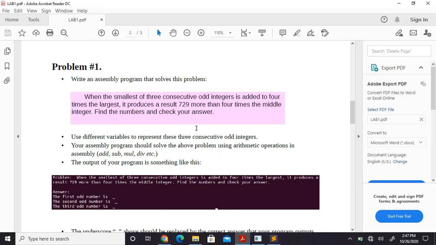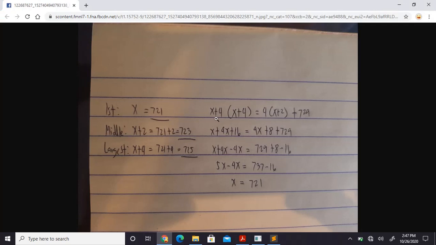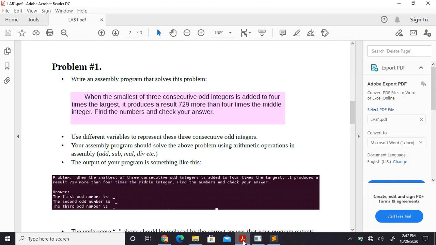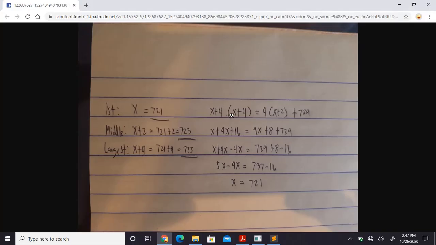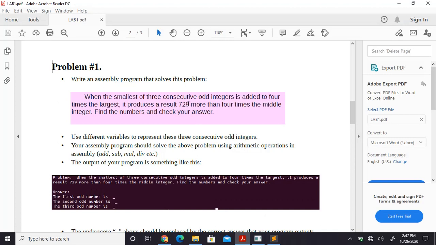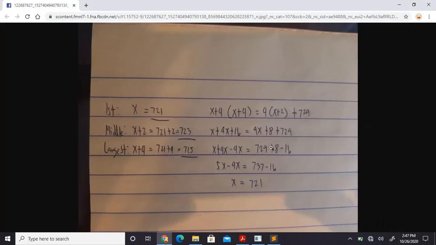When the smallest of three consecutive integers is added to 4 times the largest, that means x, the smallest integer, plus 4 times the quantity of the largest, which is x plus 4. It produces a result 729 more than 4 times the middle integer. The middle integer, x plus 2, times 4, plus 729, so we just place 729 here.